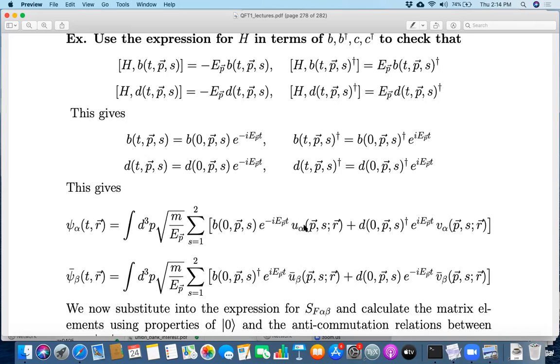Remember that the Dirac index, the alpha beta index, is carried by u and ū, but b or d does not carry any alpha beta index. So that multiplication by γ^0 has to happen with u only, so u gets converted to ū. Similarly here, the complex conjugation makes d† into d, this into e^(-iE_p t), and v into v†γ^0, that's v̄_β.